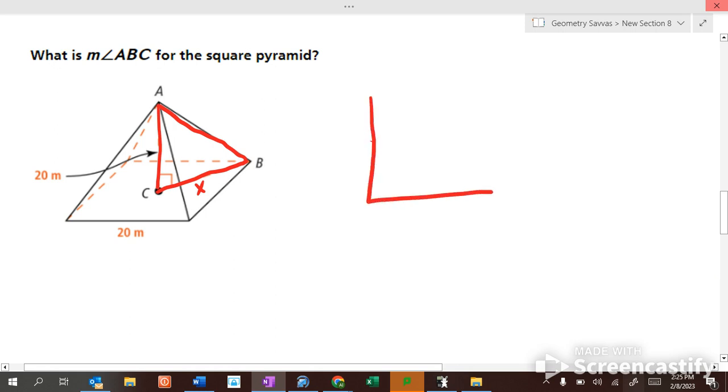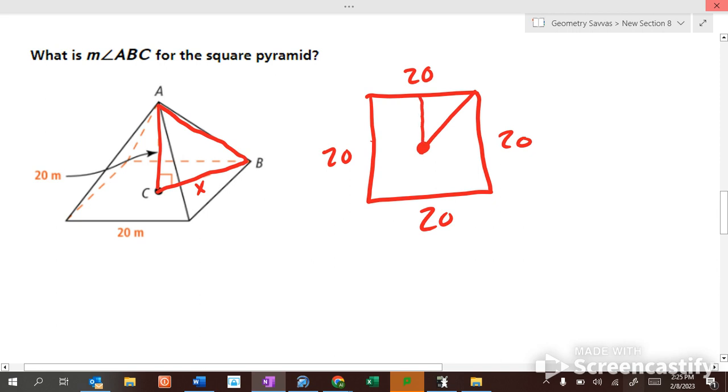So I look at the bottom of my pyramid, or my square. It's 20 by 20 by 20 by 20, right? So if we go to the middle of the square, this makes a 45, 45, 90 triangle because it's a square.